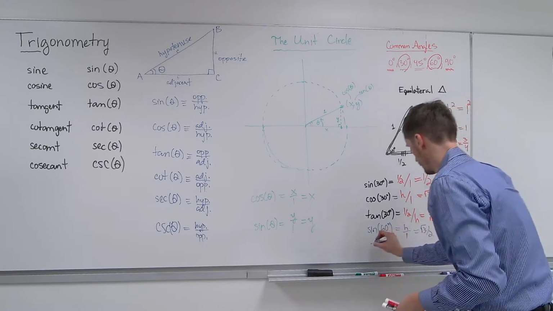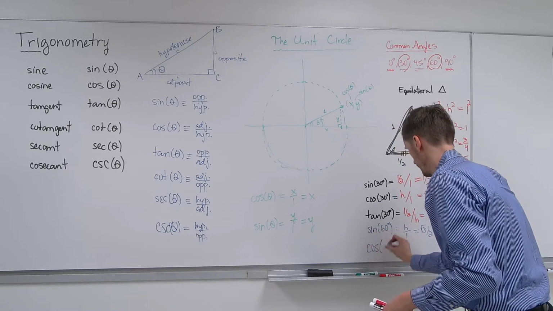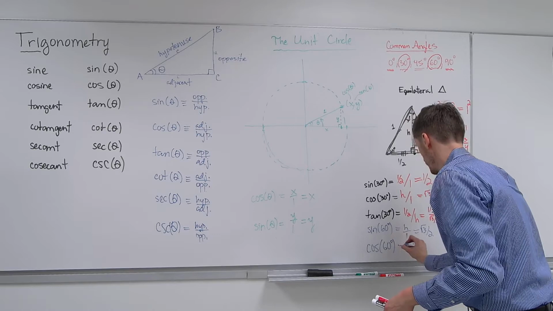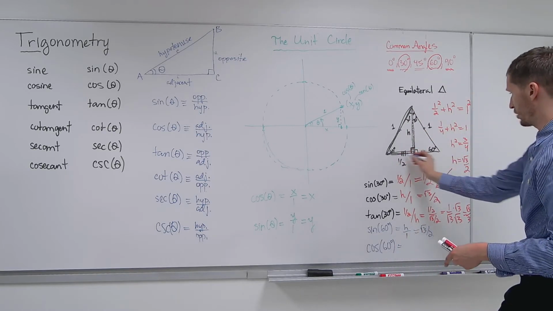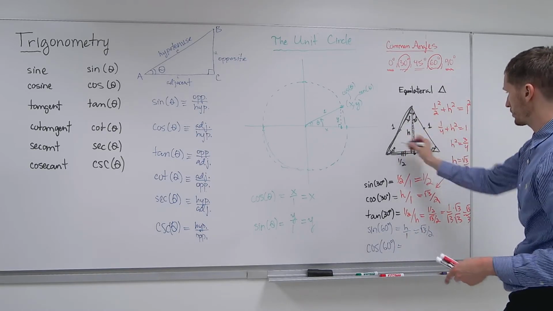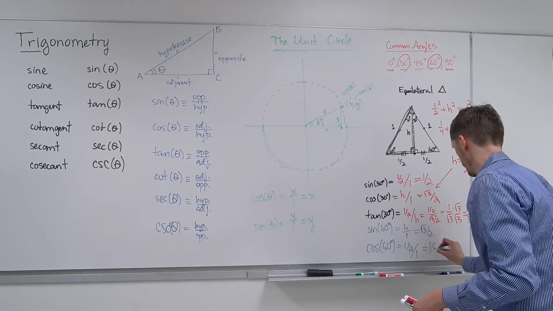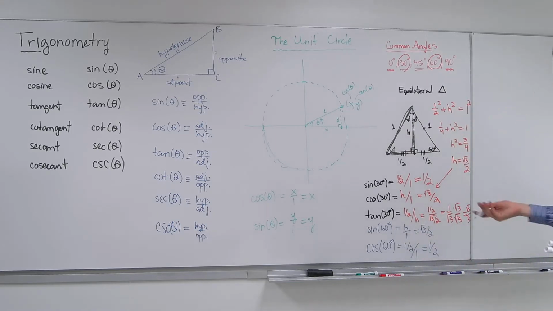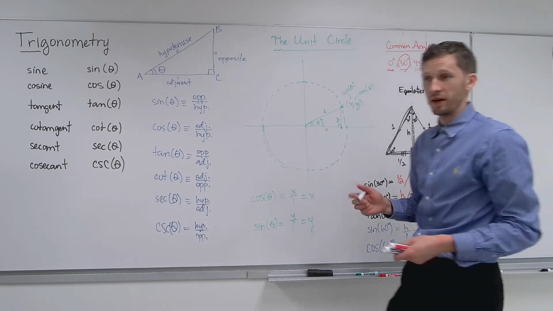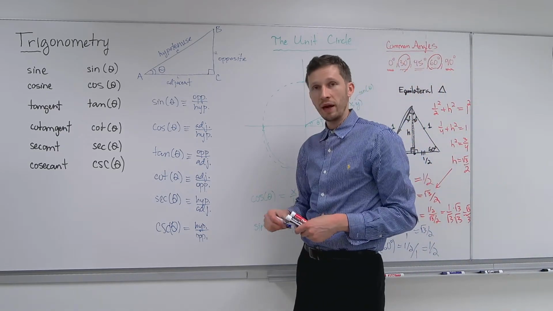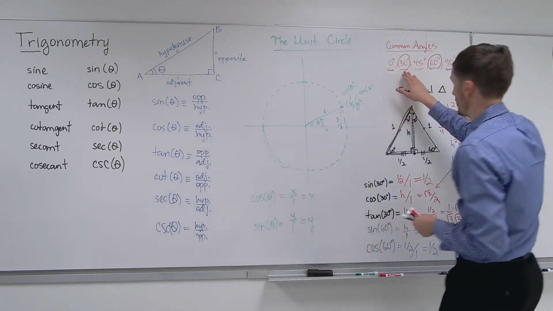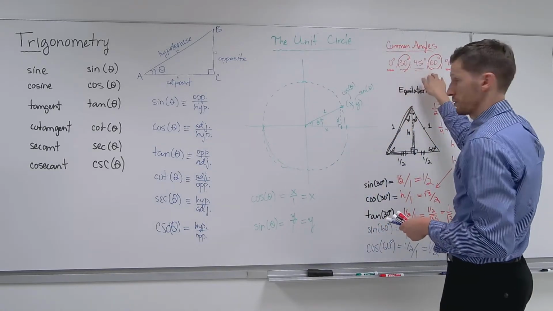And let's just try cosine of 60 degrees. We get adjacent over hypotenuse, 1/2 over 1, which is equal to 1/2. So this is how you work with a 30, 60, 90 degree triangle to get the trigonometric functions of these two angles.